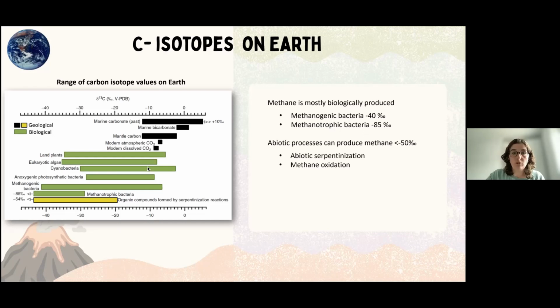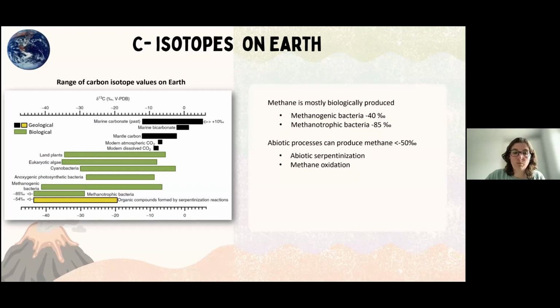Also, the biological range varies between -2 and -85 per mil, which is consistent with biotic processes, because these processes, as I said when I mentioned photosynthesis, preferentially take the light isotope and leave the environment, the residual carbon, enriched in carbon 13. So we usually get these low carbon 13 values.